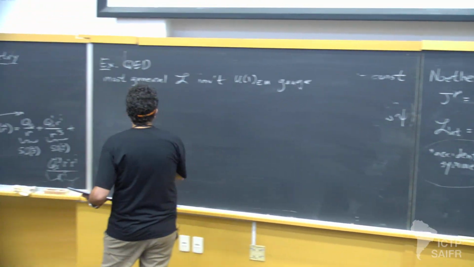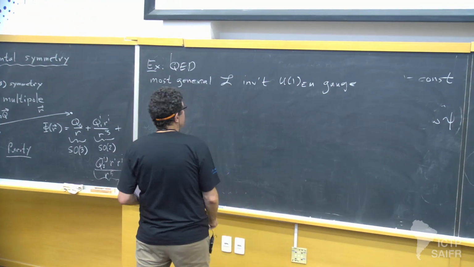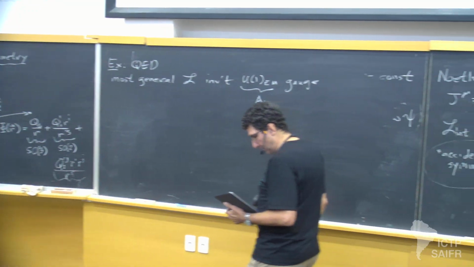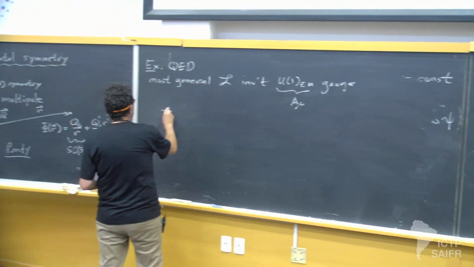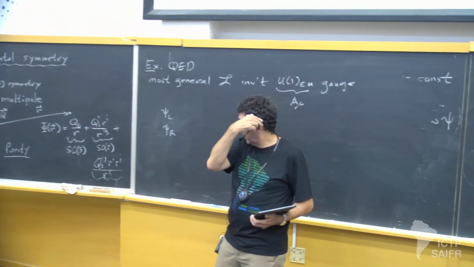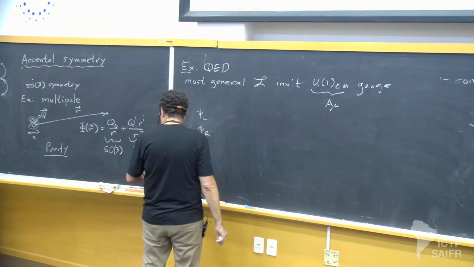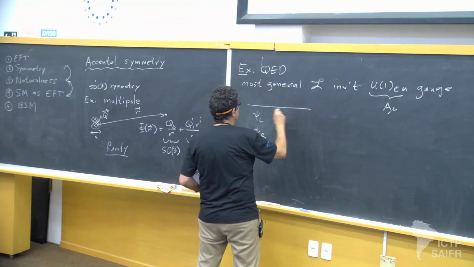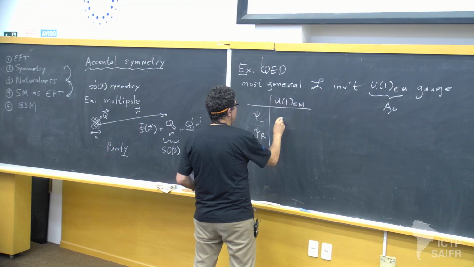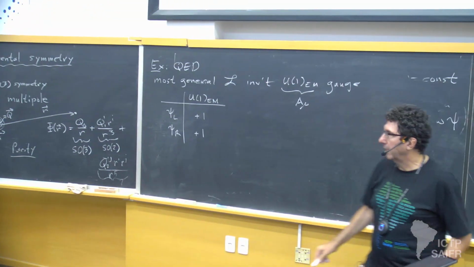All right, so we're writing the most general Lagrangian that we can that's invariant under U1 gauge transformation, and that, of course, means that we have some associated gauge fields, A mu, and then this thing has two fermions. So I'm using Weyl language, okay, because Weyl fermions are the fundamental building blocks. Okay, so I have a left-handed and a right-handed fermion, and the only thing I have to tell you to define the theory is that they both have the same charge under the gauge group.